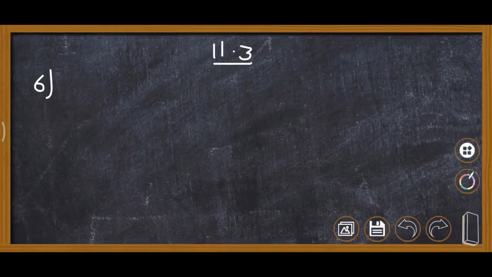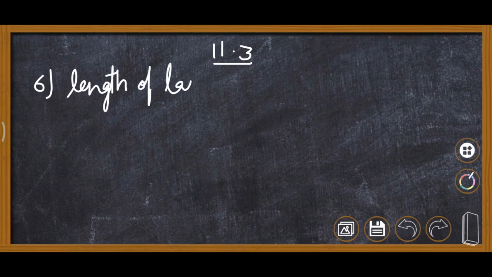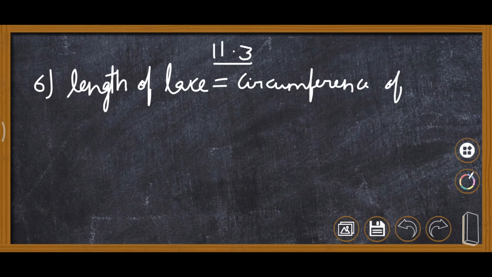Now here you know that length of lace is equal to the circumference of the table. So here we will write length of lace is equal to circumference of table. So 2 pi r will be the formula.